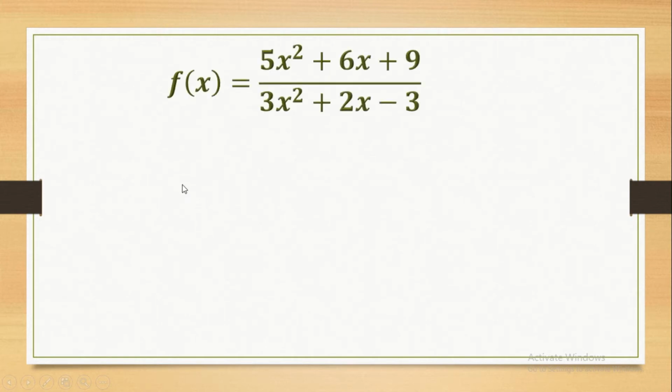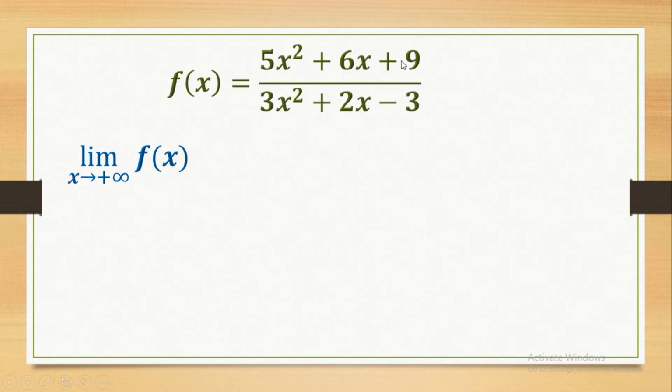Now let's take another example. If we have the function f of x, which is a fraction of two polynomials, 5x squared plus 6x plus 9 over 3x squared plus 2x minus 3. If we think about the limit of f of x as x tends to plus infinity, how do we calculate this limit? Note that x tends to plus infinity, then x squared tends to plus infinity, and 6x will tend to plus infinity.